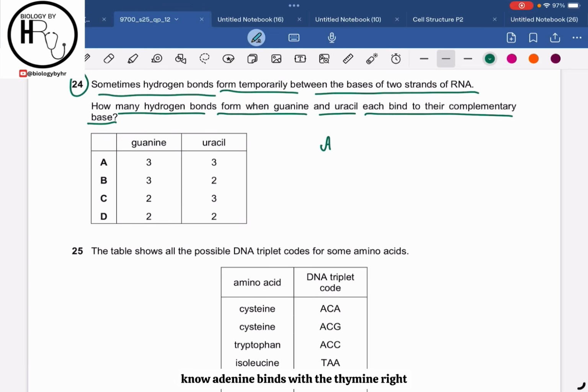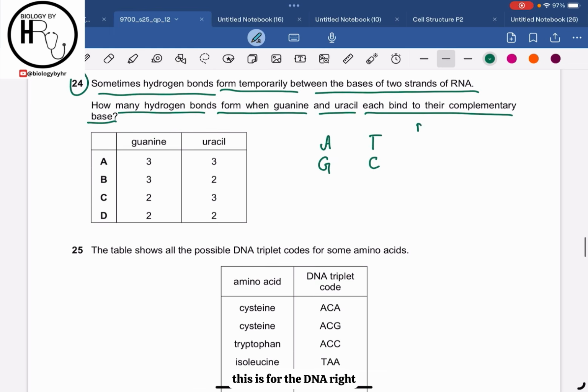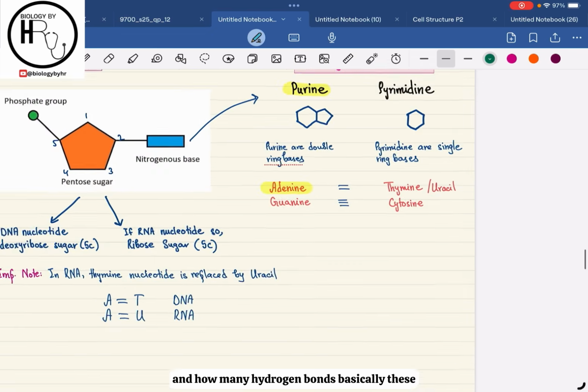We know adenine binds with thymine and guanine binds with cytosine. Now this is for the DNA. In the RNA, adenine binds with uracil and not with thymine. And how many hydrogen bonds are these making?